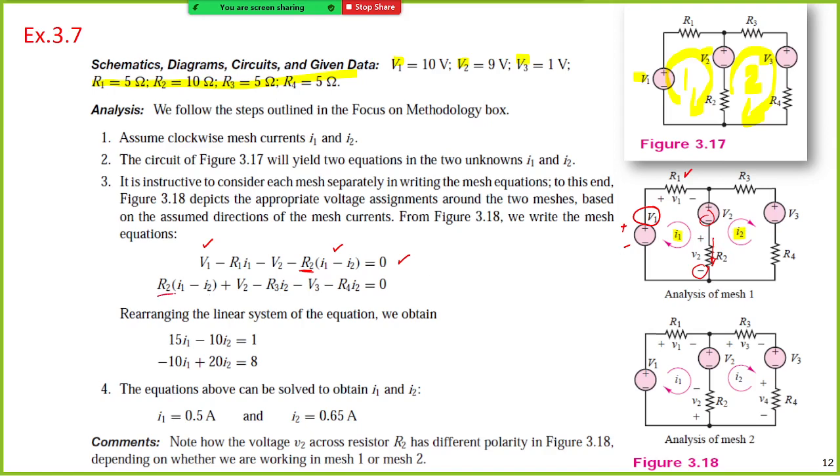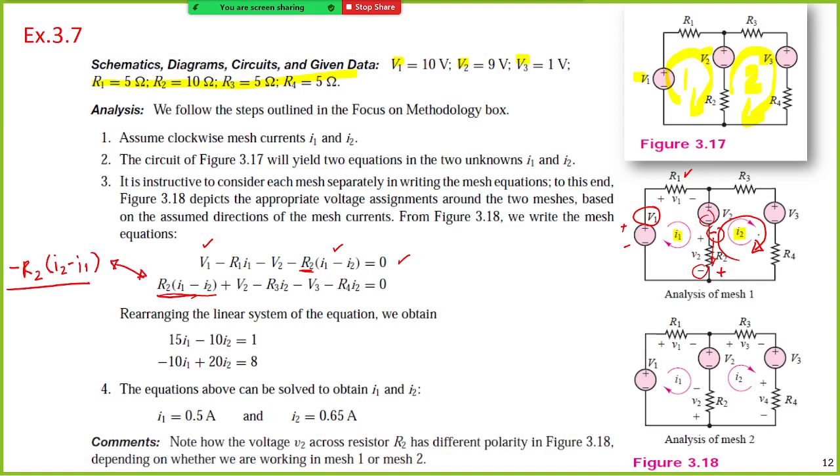Or sometimes I will use this form, like I2 minus I1, because I use this direction as a priority, and the polarity of R2 will be plus and minus like this. So this value and this value are the same.